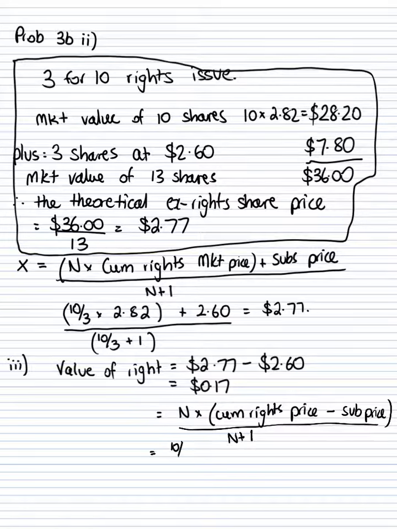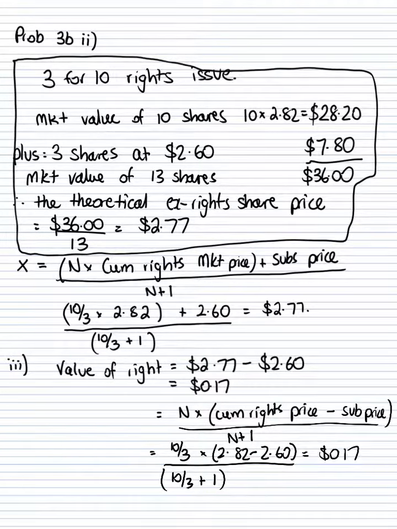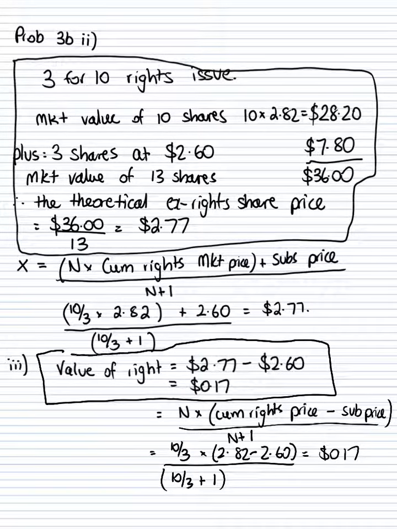So 10 over 3 times 2.82 minus 2.60, over 10 over 3 plus 1, and that gives me 17 cents. As I said before though, I prefer to think about the process and the calculation intuitively, so that is the way that I would do it. So the value of the right in this case is 17 cents.